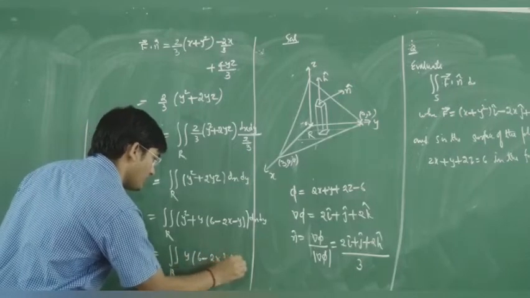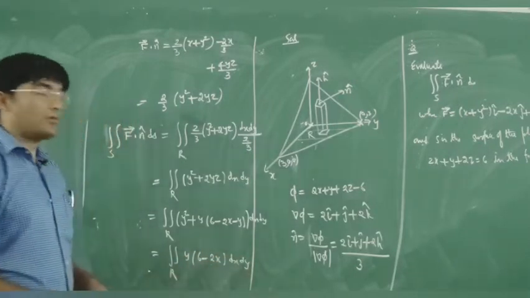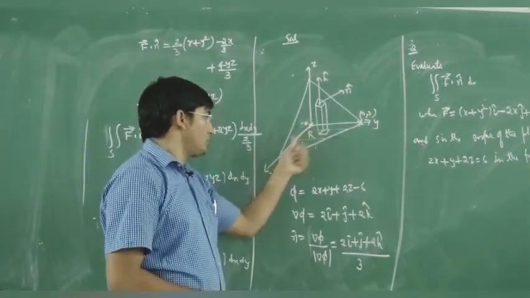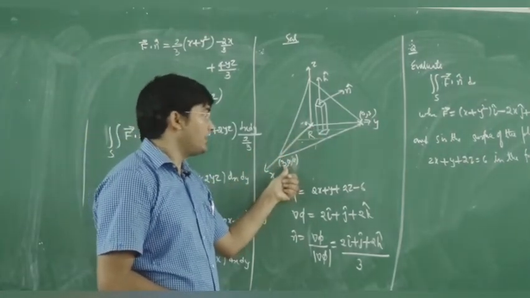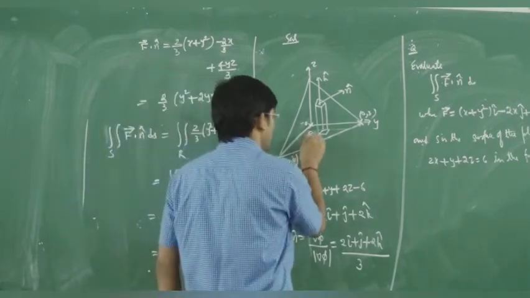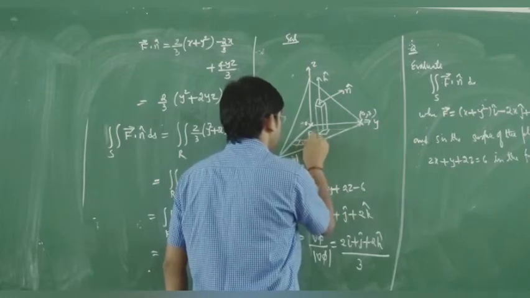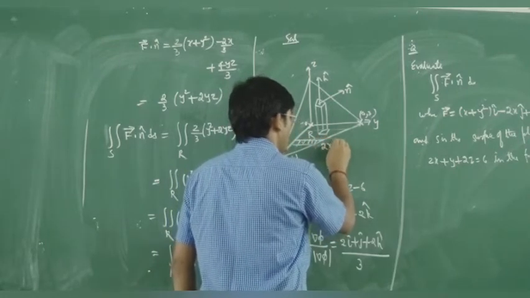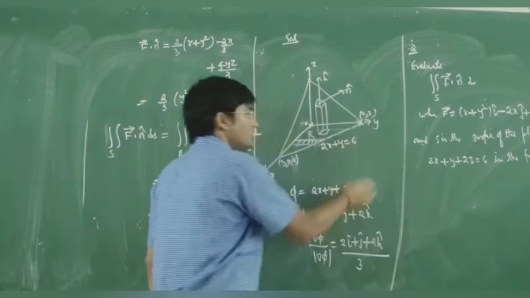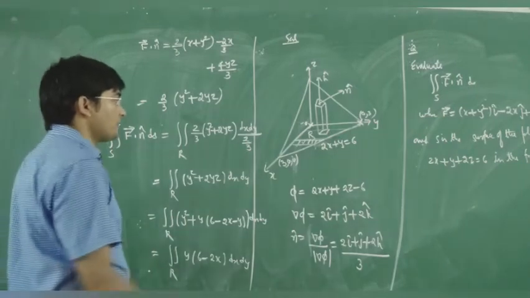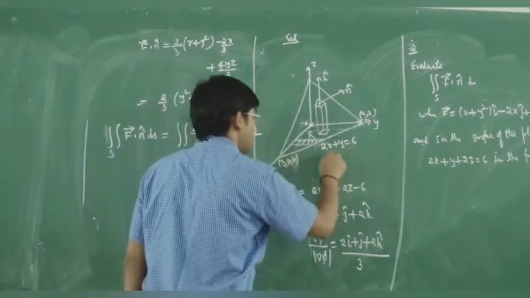Now what about the limits? In this octant, x will be from 0 to 3, and for y, at this point we have z equal to 0, so we have 2x plus y equal to 6. So y will be from 0 to 6 minus 2x.